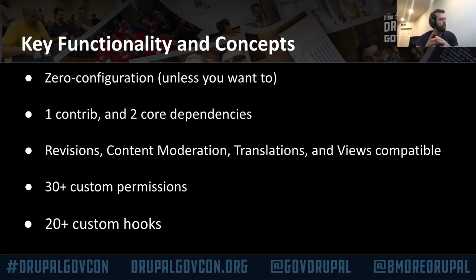Now, mentioning views, it is all views compatible, and there is a sub-module you can enable which will replace any listings of events with views. So you can use views if you want, but you don't have to.